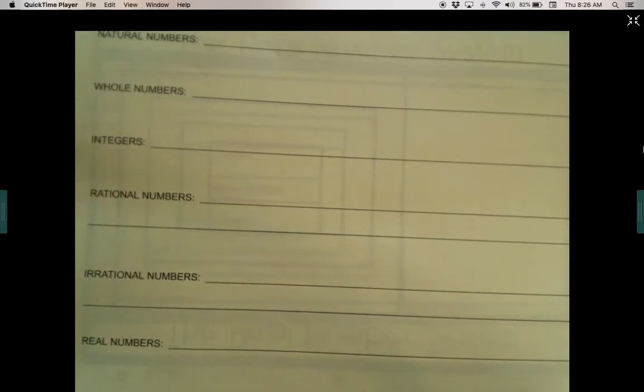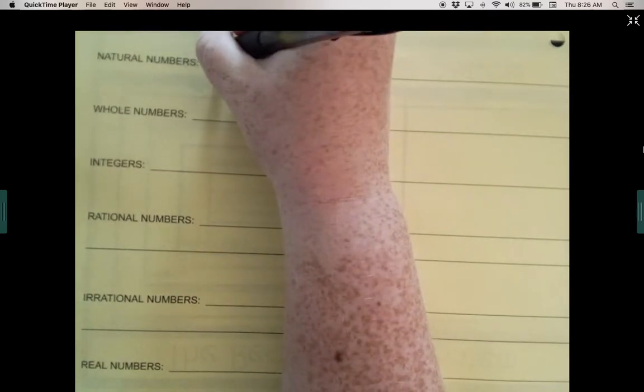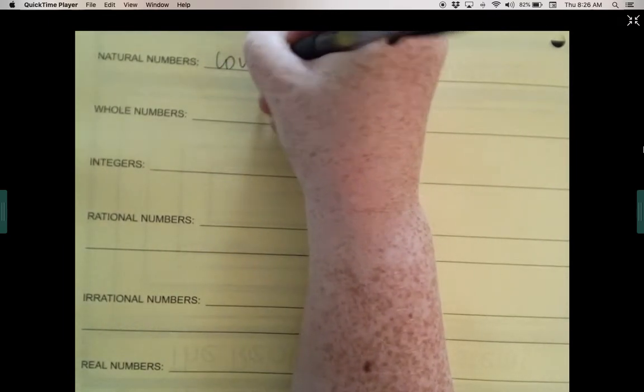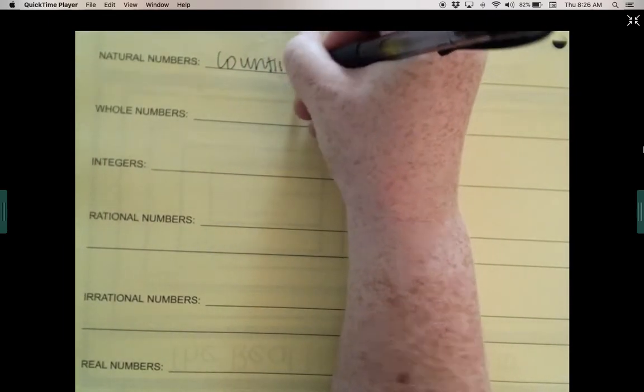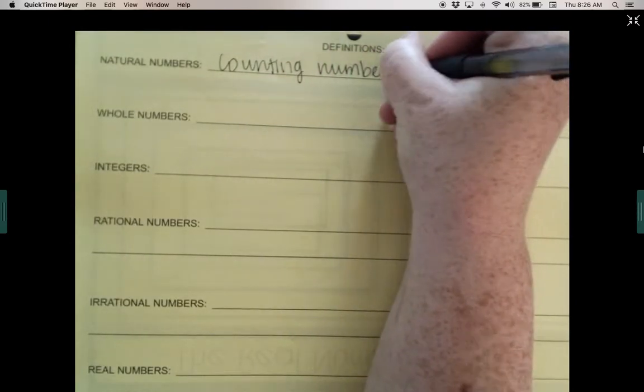So a natural number is what I like to just call counting numbers. If I was counting the people in this room, what number am I going to start with if I said, okay, I'm counting you?